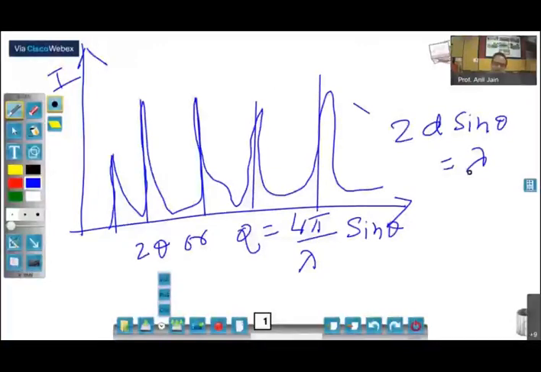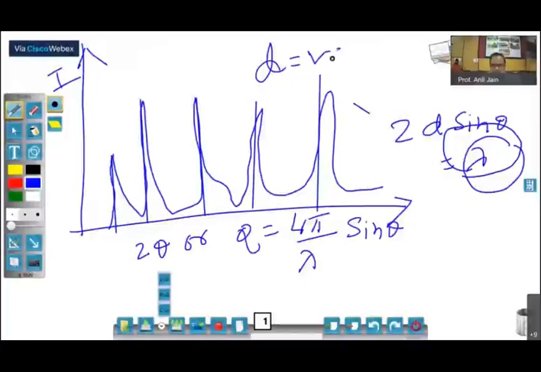Now in your experiment, this lambda is fixed and you are getting the peak at different values of theta. So with this peak value, you can find out what kind of d values are allowed for your sample.